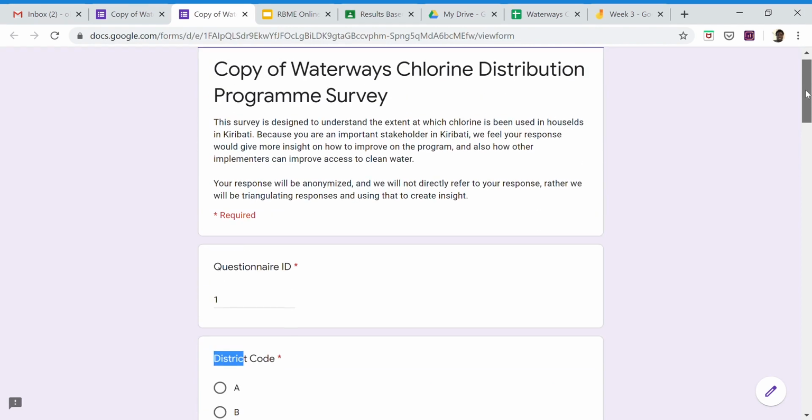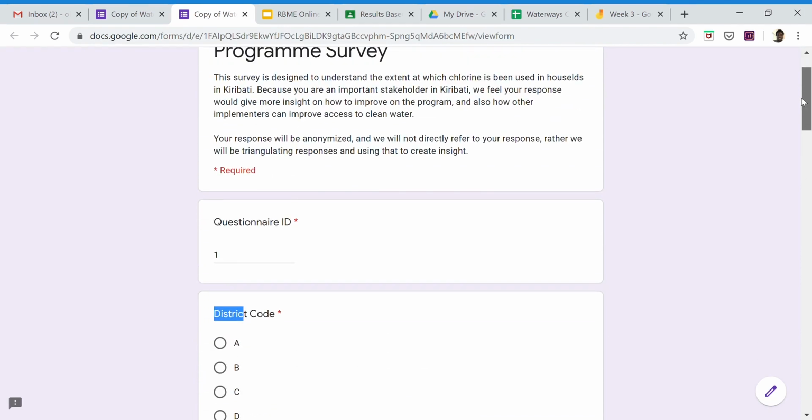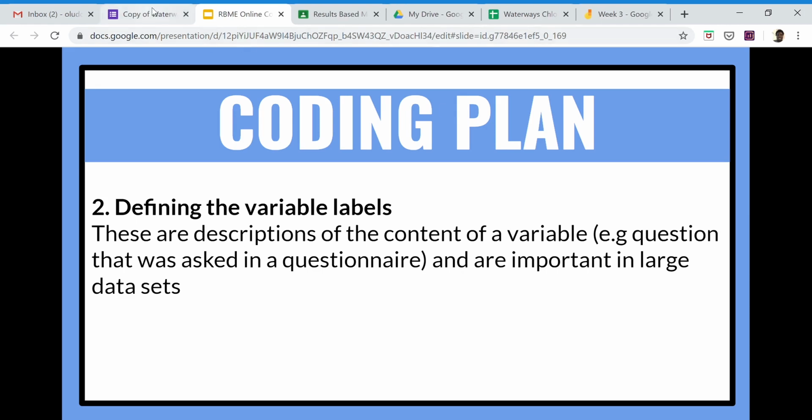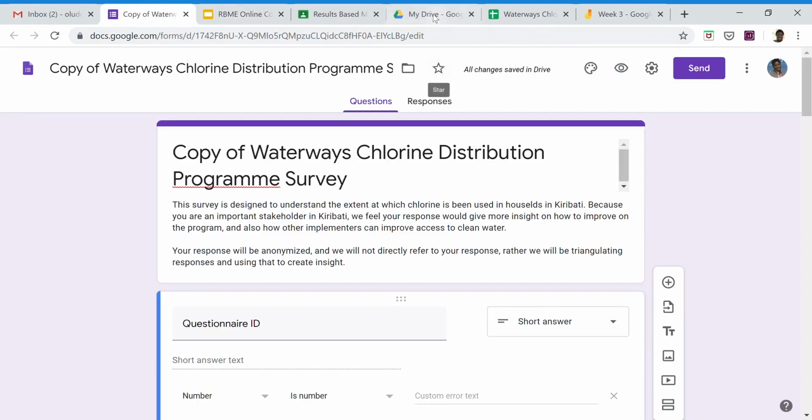Because I've done some of it already, I'm going to remove this. I'm actually going to remove this question ID because I just use that anyways. Okay, so let me just close this, then I'll come back here.